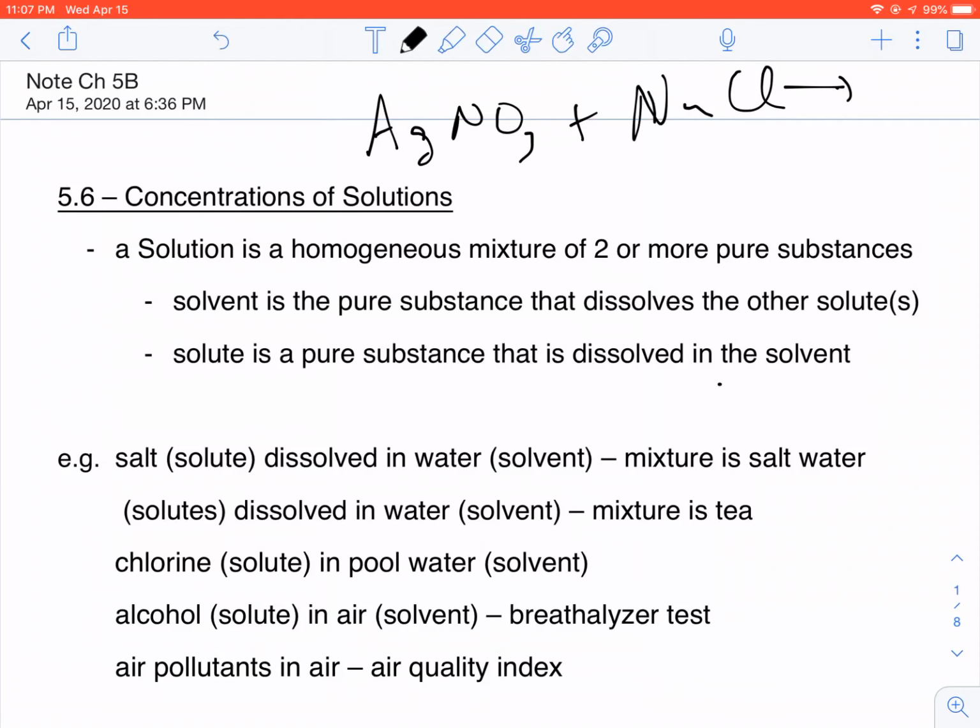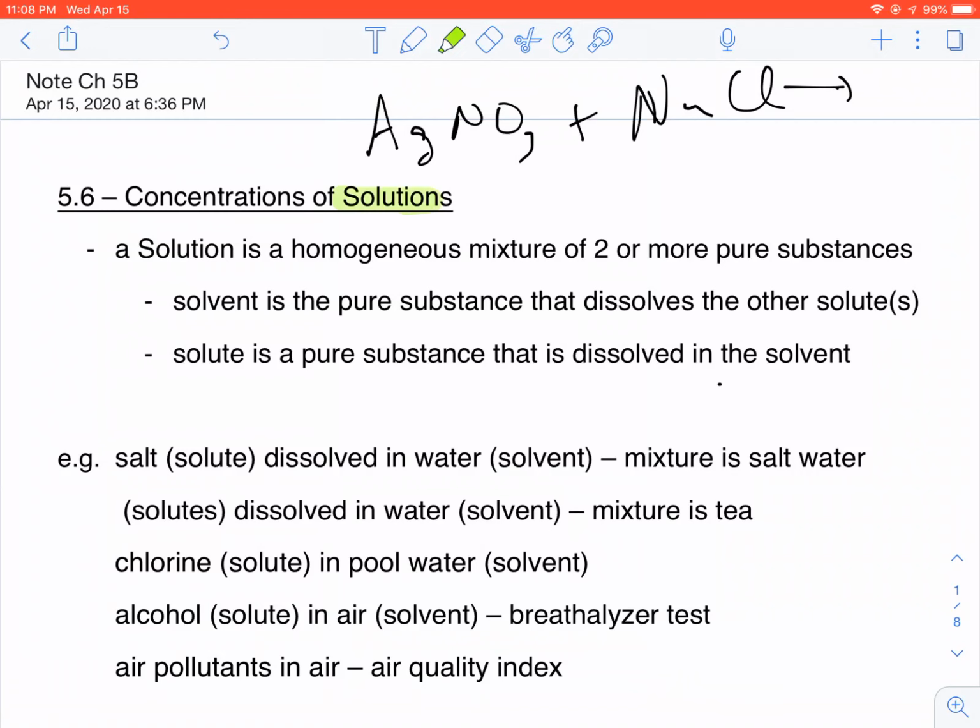So solutions become a really important part of chemistry. Almost all the chemical reactions that I can think of, every reaction that I do in grade 11 chemistry, in grade 10 science, in grade 12 or university or college chemistry, the chemicals are dissolved in water.